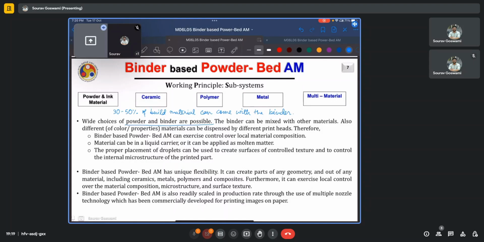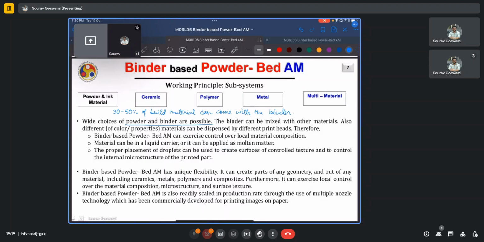We might not really be able to control the local distribution of powders and their compositions within the bed. But what we can do is we can also selectively drop those materials along with the binder. And the extent of this powder or structural material that can be deposited with the binder is between 30 to 50%. So quite a lot. And the remaining 50 to 70% can actually be in the powder bed itself.